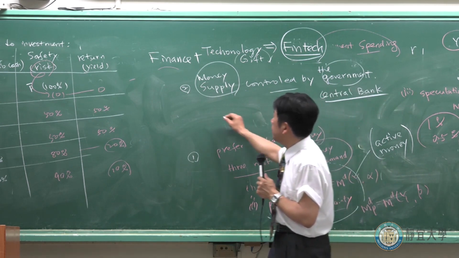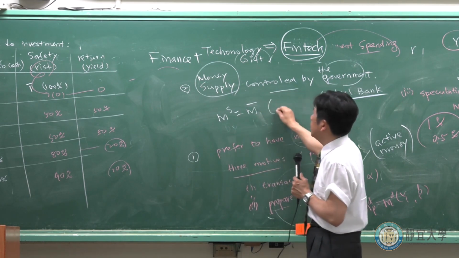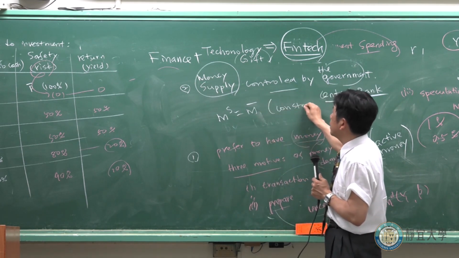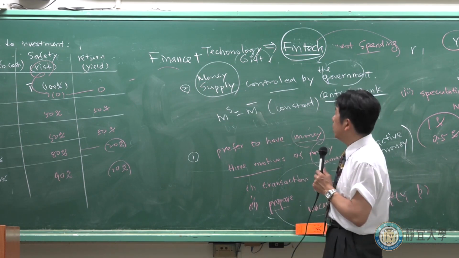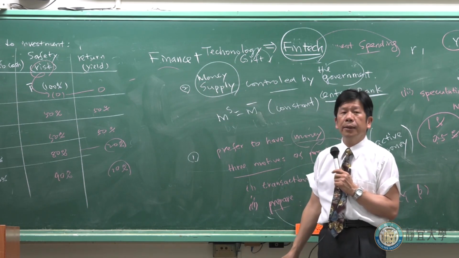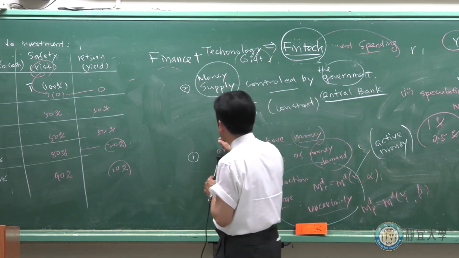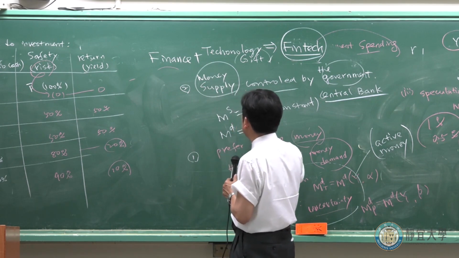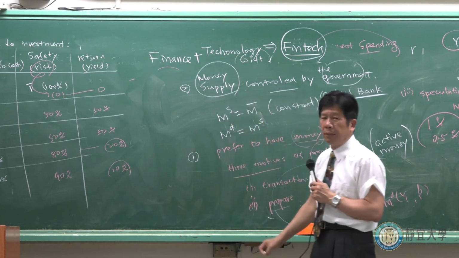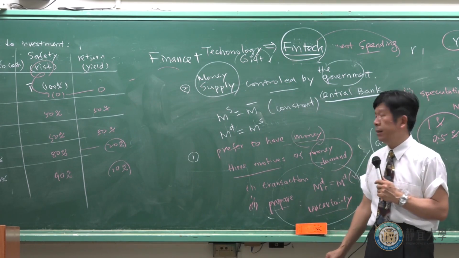So after that we can say the money supply is assumed to be constant. Constant means it is controlled by the central bank. And after that, when the money demand equals the money supply, then we can find the interest rate.